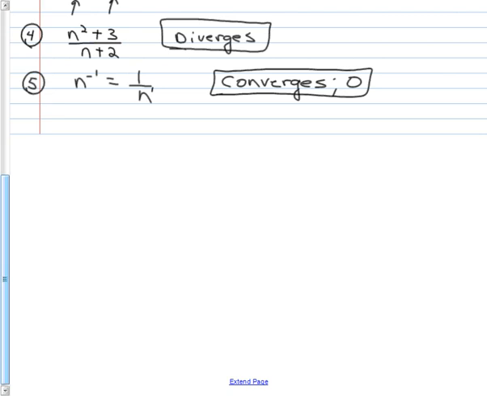Number 6. Find the sum of the first 6 terms of the geometric sequence 2, 10, 50, and so on. Sum of a geometric.